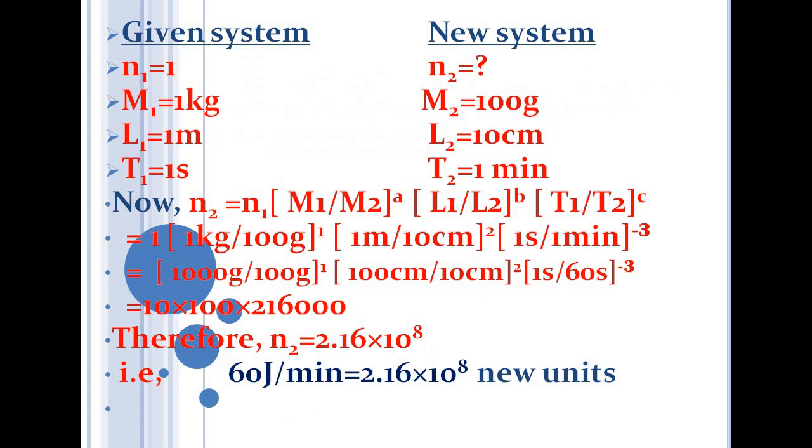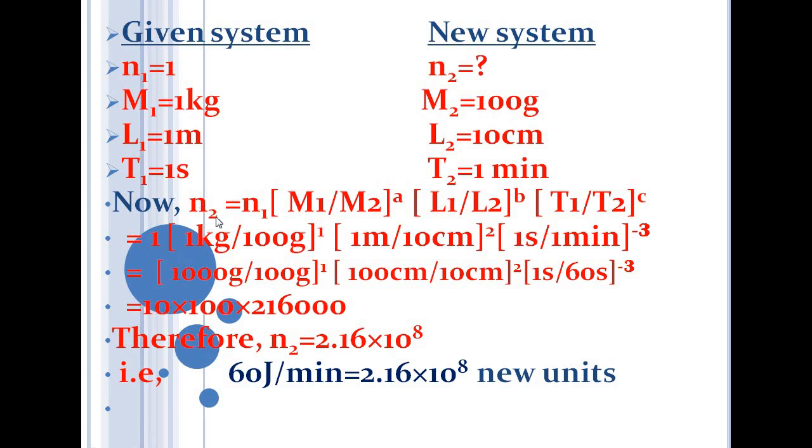Now let's convert from the given system to the new system. n1 equals 1 is given, M1 is 1 kg, L1 is 1 meter and T1 is 1 s for the SI system, that is joule per second. Now we have to convert to the new system and find the value of n2, and M2 is mentioned, that is 100 gram, L2 is 10 centimeter and T2 is 1 minute as the new fundamental units.